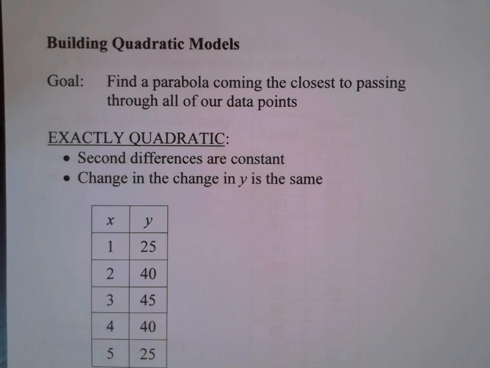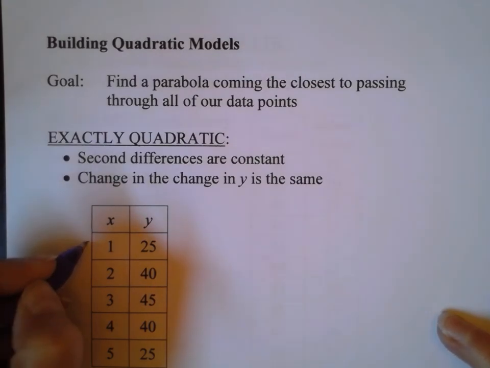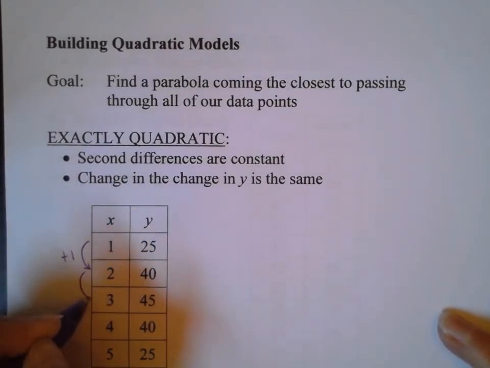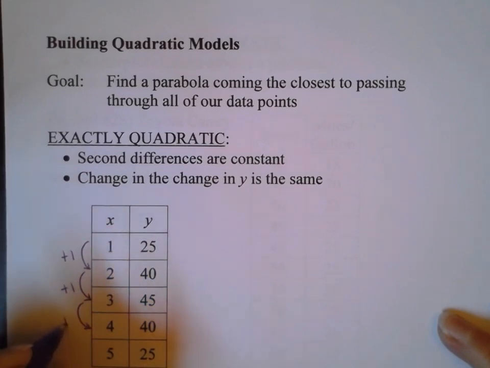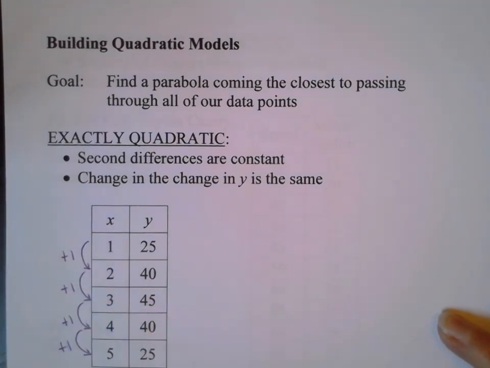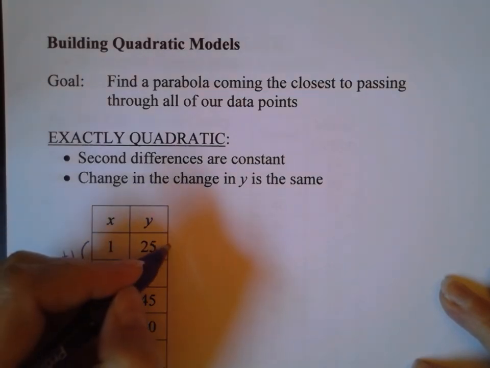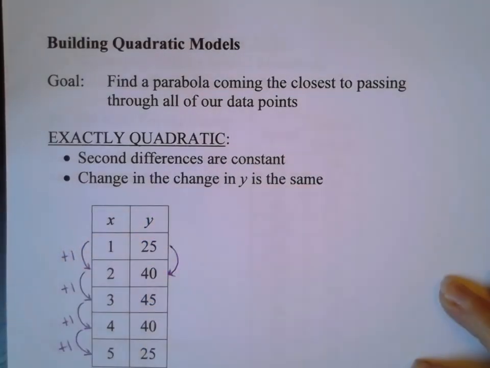So if the data we have in the table is exactly quadratic, there's a really interesting pattern. First of all, it's important to notice that in order for this to work, the x's have to be in some sort of steady, consistent pattern. And these are, right, they're going up by 1. Okay, and then we can look at the change in y.